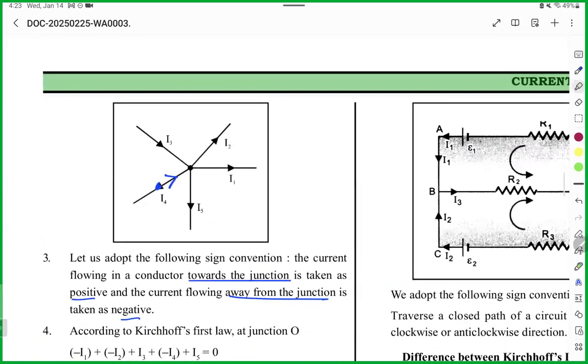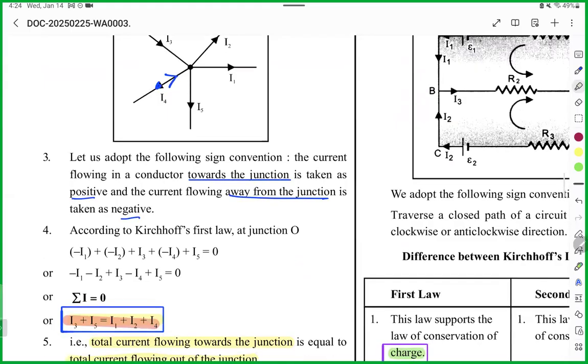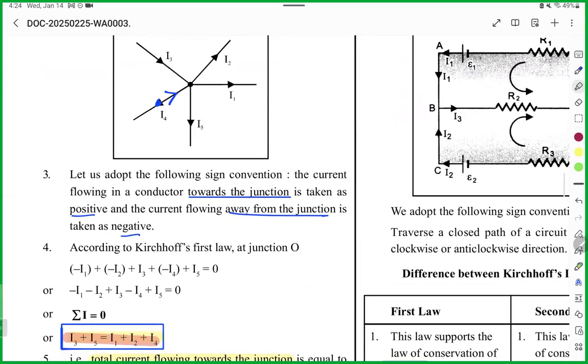Any doubt? For example, if I3 is entering, I4 is entering, and I1, I2 and I5 are exiting, then in this situation I3 plus I4 will be equal to I1 plus I2 plus I5.